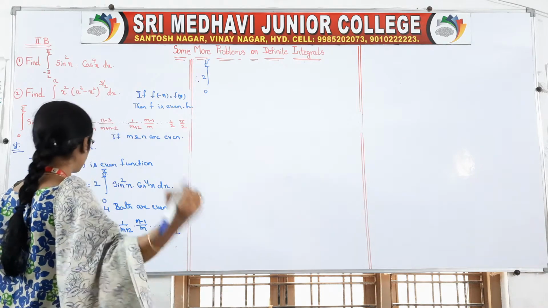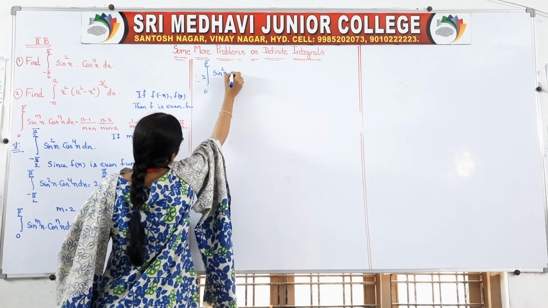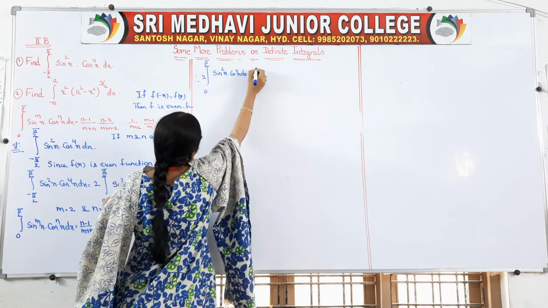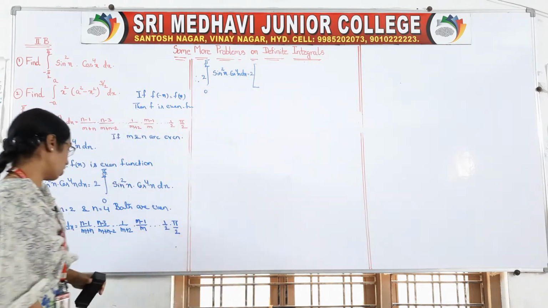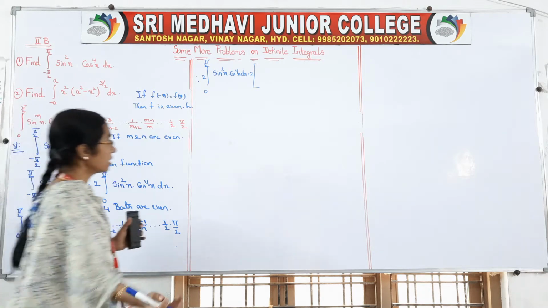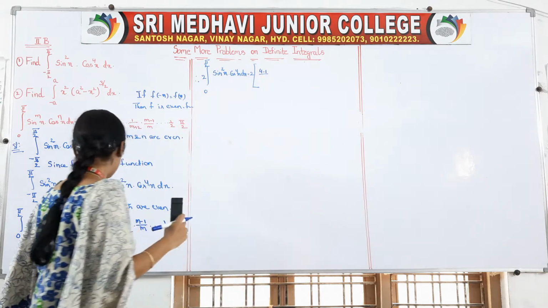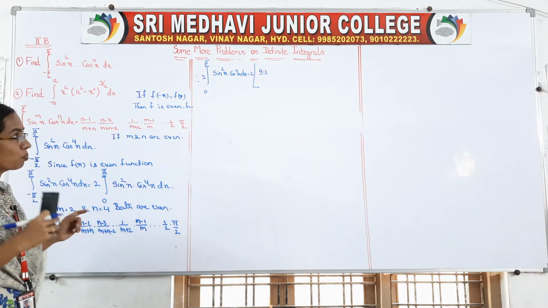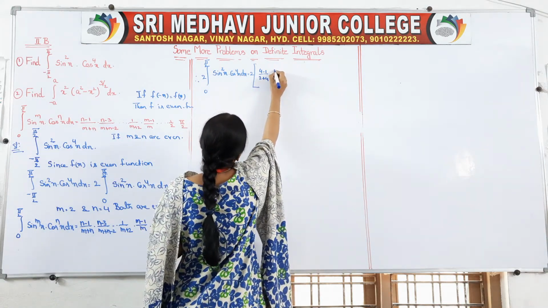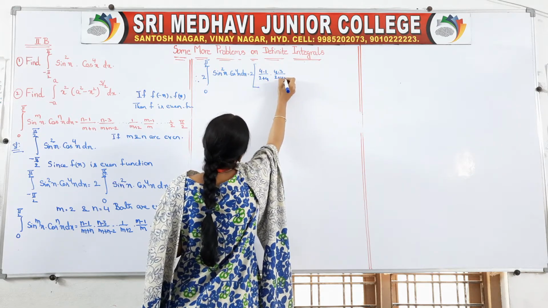What is our value? Sin square x into cos to the power of 4 x dx is equal to 2 into, first, n minus 1. What is n? 4. So we write 4 minus 1 by m plus n, that is 2 plus 4, into n minus 3, 4 minus 3, by m plus n minus 2.